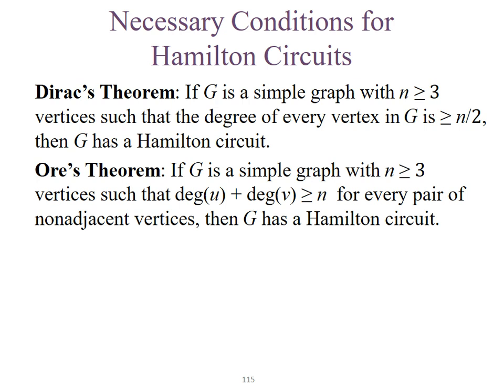And then the degree of every vertex must be larger than or equal to 4 divided by 2, which is 2. So if you can assure that every vertex degree is larger or equal to 2, then this graph G has a Hamilton circuit.